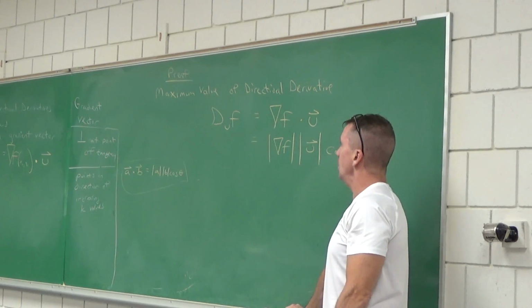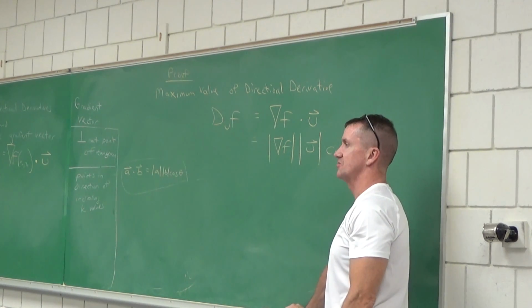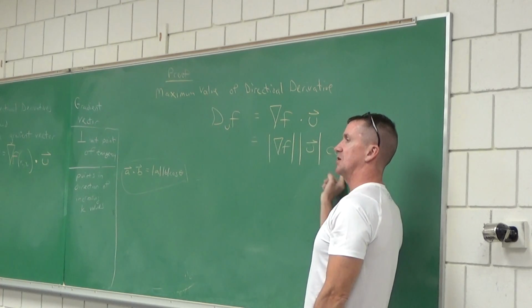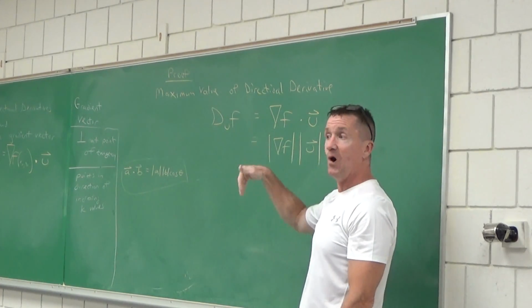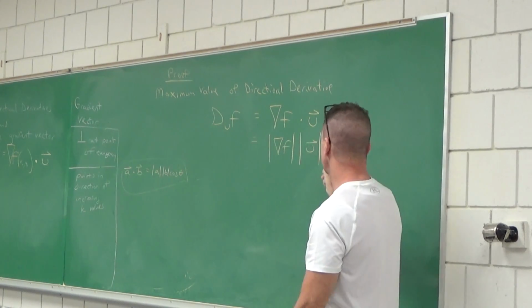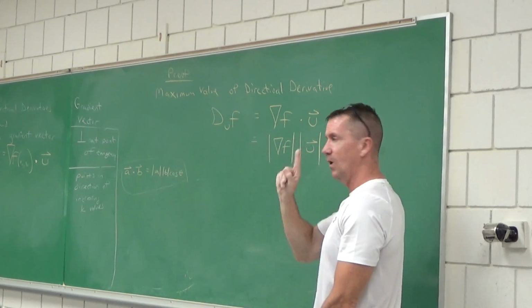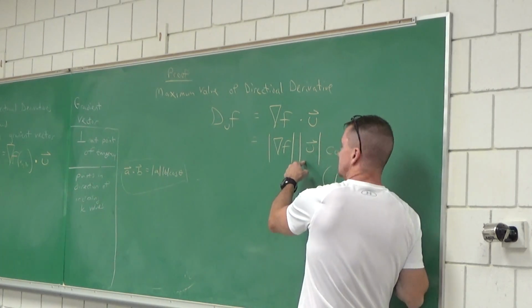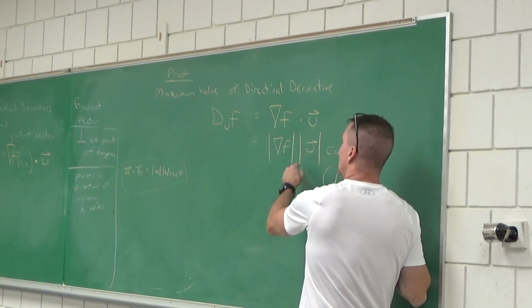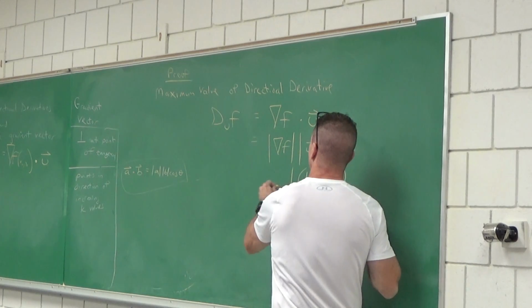We're just doing a proof. What would always give me the maximum value of the directional derivative? Let's talk about cosine. What's the highest cosine ever gets to? 1. Everyone agree? What's the maximum value of cosine of theta? 1. So we can turn this into a 1. What's the magnitude of any unit vector? 1. And here it is.